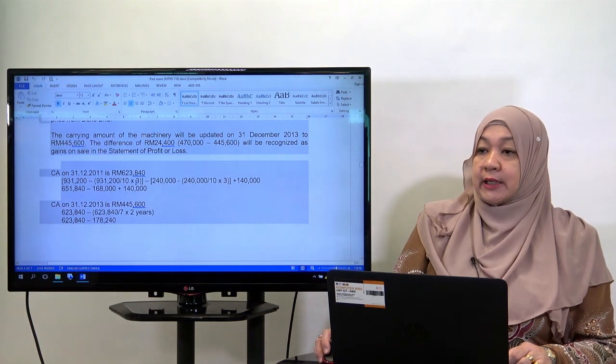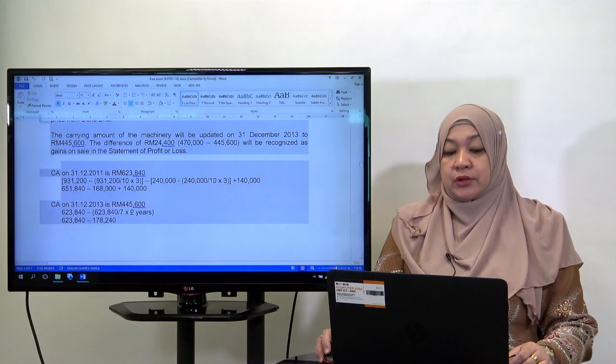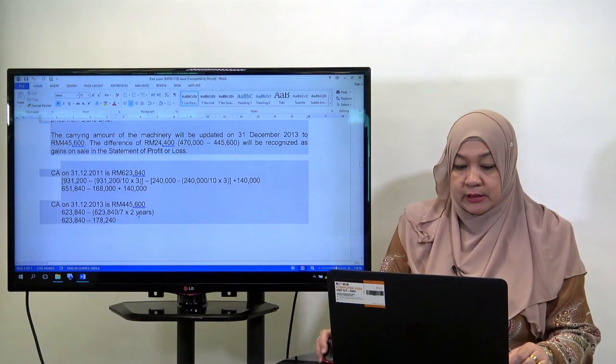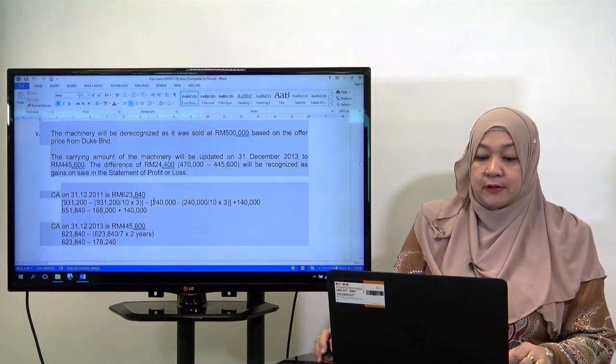We have already taken out 3 years, so the remaining useful life is 7 years. So times 2, right? So your carrying value is 445,600, right?